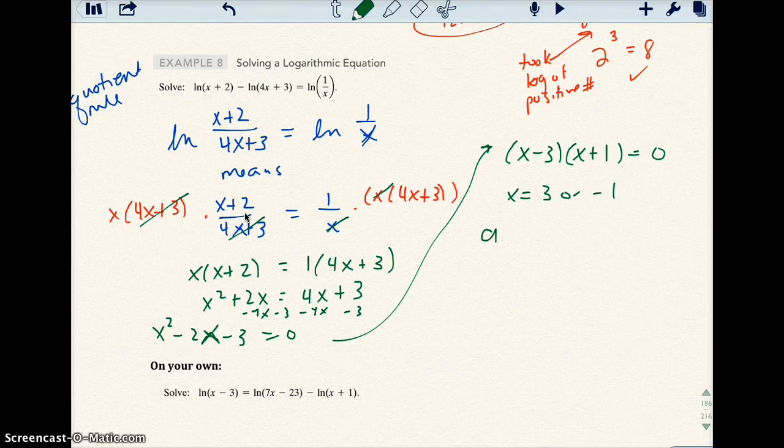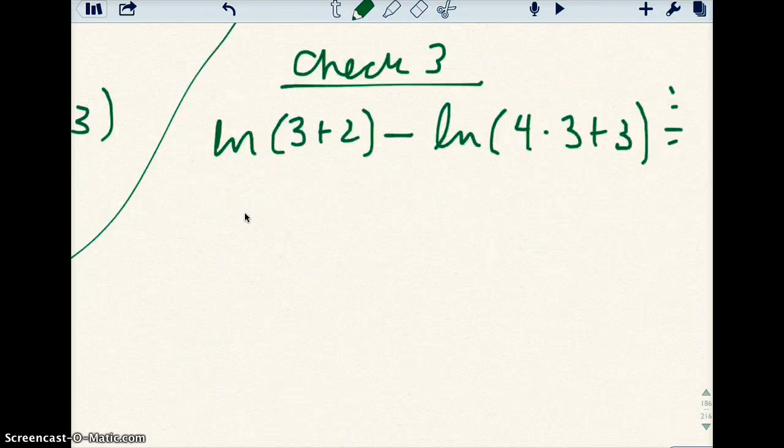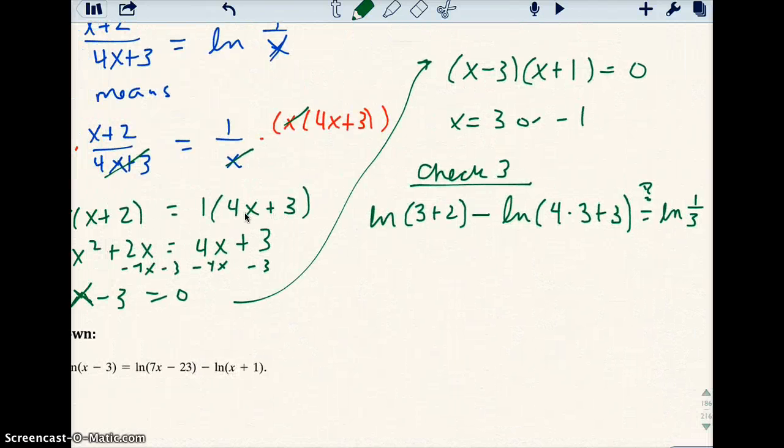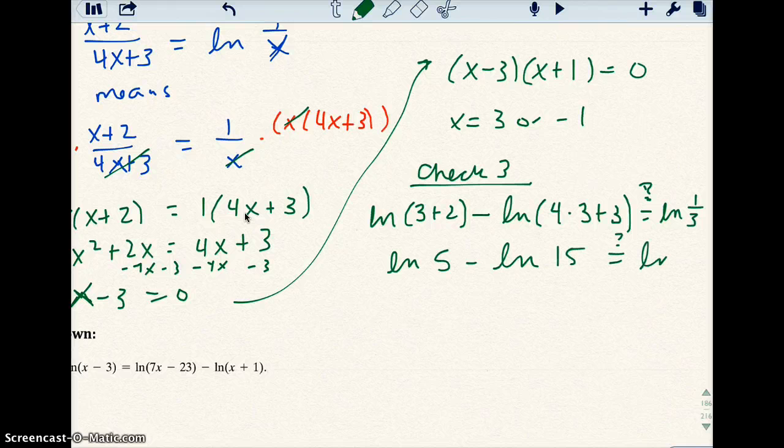And I'm going to check the 3. Natural log of 3 plus 2 minus the natural log of 4 times 3 plus 3. Does that equal the natural log of 1 over 3? The natural log of 5 minus the natural log of 15, does that equal the natural log of 1/3?